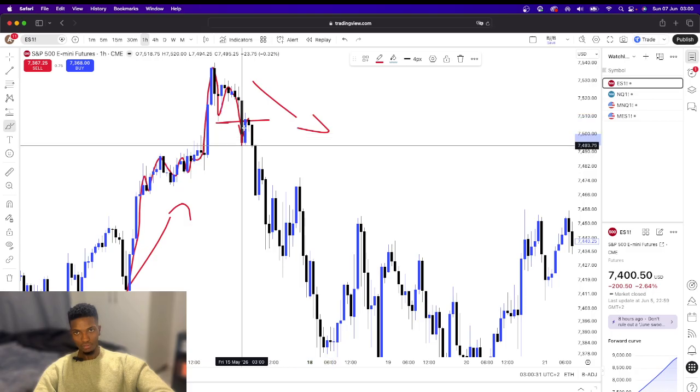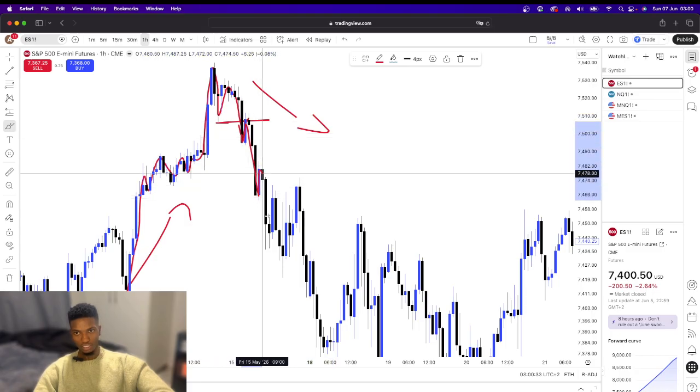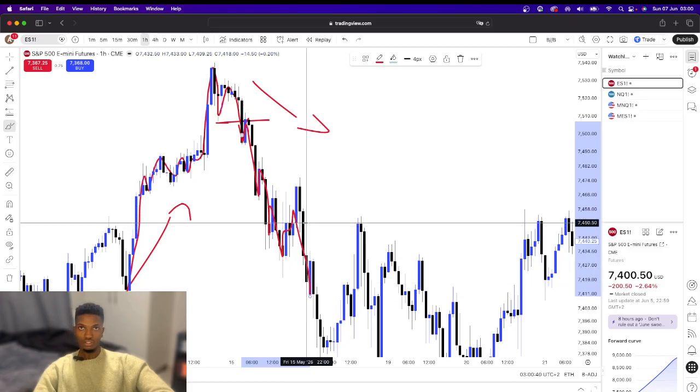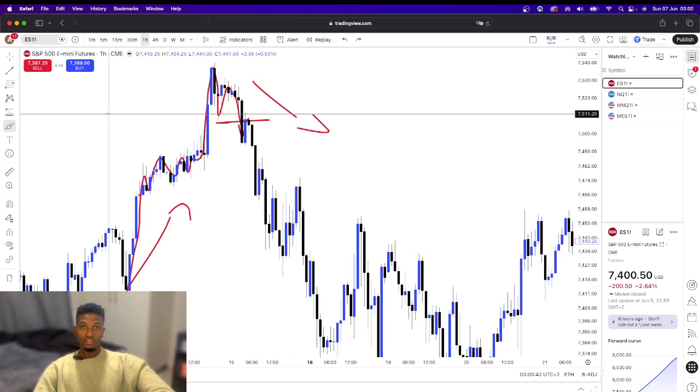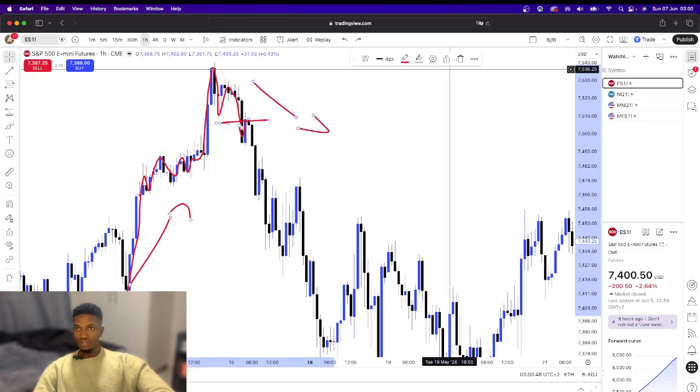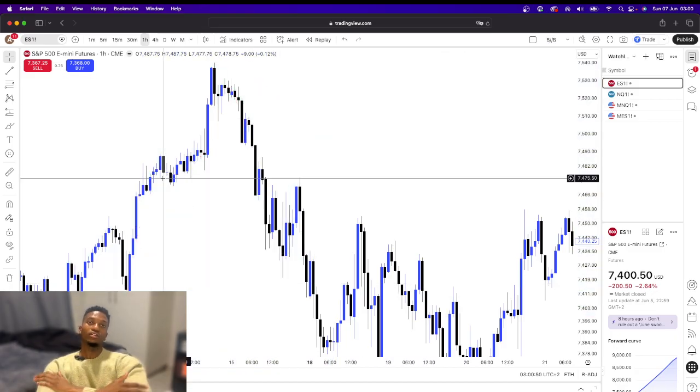So what do we have now? Move down, move up, move down, move up, move down, move up, move down, move up, range a bit, then move down. You see, so that's market structure for you. Let me remove all of this. So you read the market structure using the candlestick.